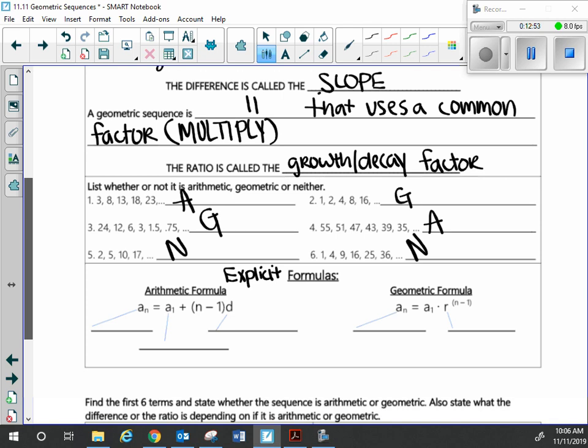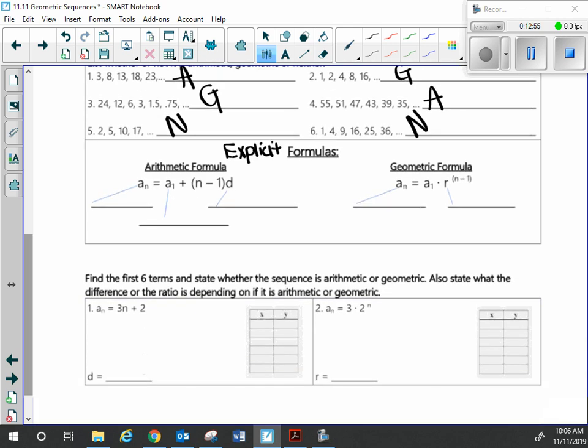Okay. Now, these are your explicit formulas. A of n is any term on both. So that's the same. What's A of 1? First term, on both.